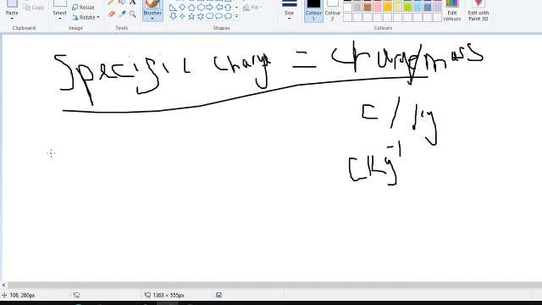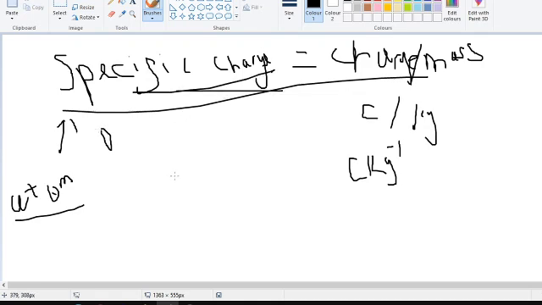You can never do this with an atom, because atoms have zero charge, so they will never have a specific charge.